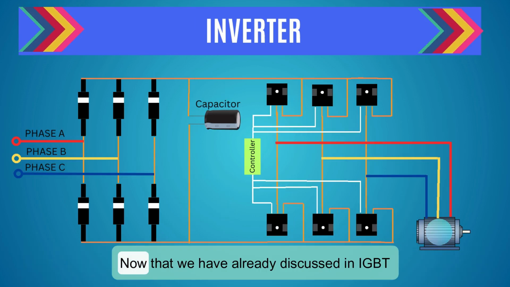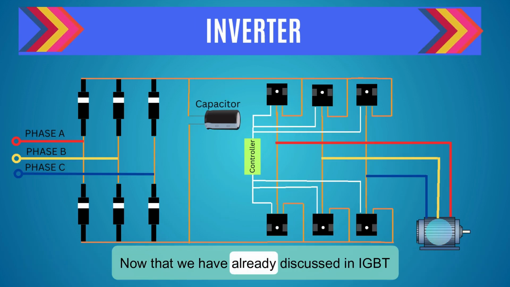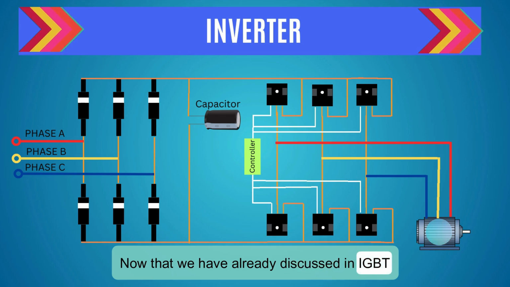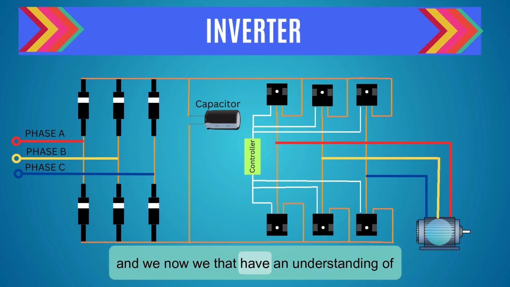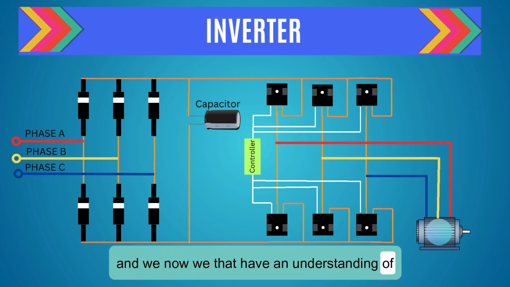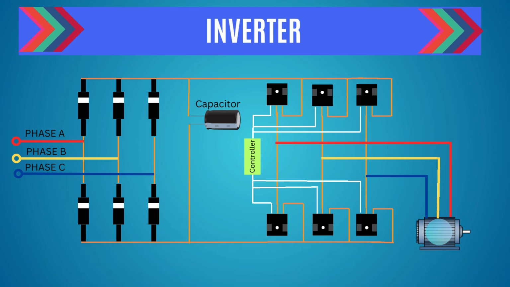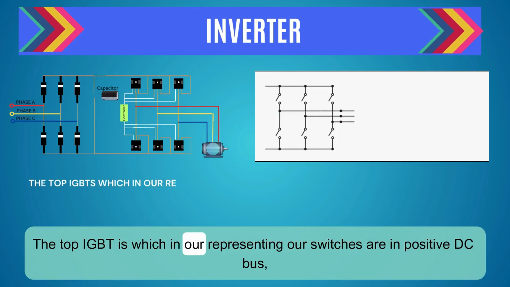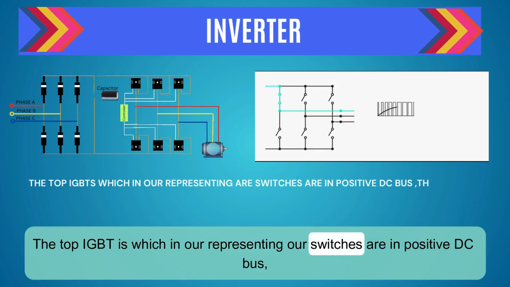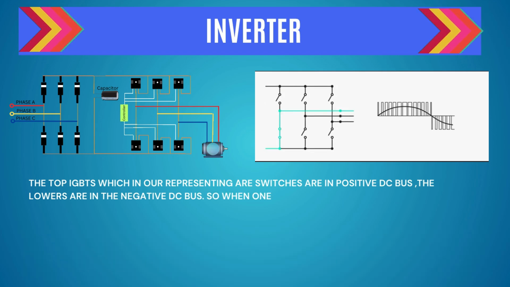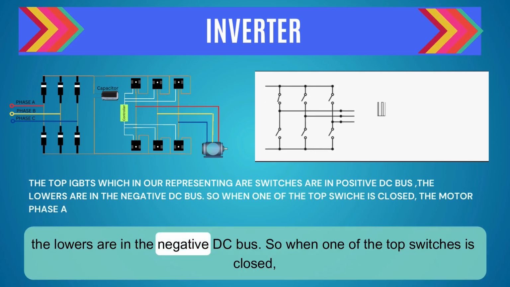Inverter section. Now that we have already discussed IGBTs and have an understanding of how an IGBT works, let's go back to the application of IGBTs in a VFD. The top IGBTs, which represent our switches, are in the positive DC bus. The lower ones are in the negative DC bus.